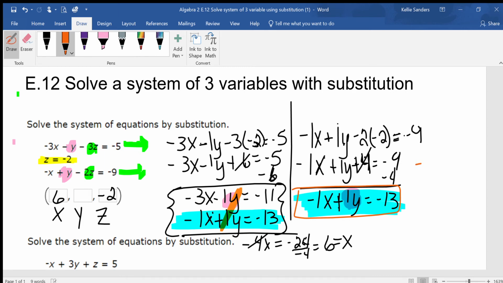And so -1, what's x? 6 plus 1y equals... I'm running out of room.